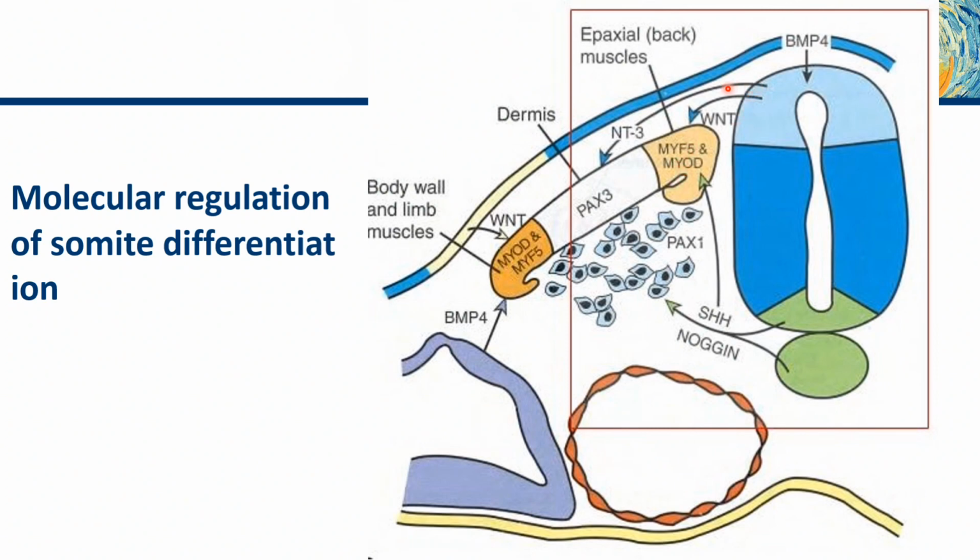Similarly, neurotrophic factor, which is released from this part of the neural tube, will also activate the PAX3 gene, and as a result of the activation and expression of the PAX3 gene, this part of the somite will form the dermis.